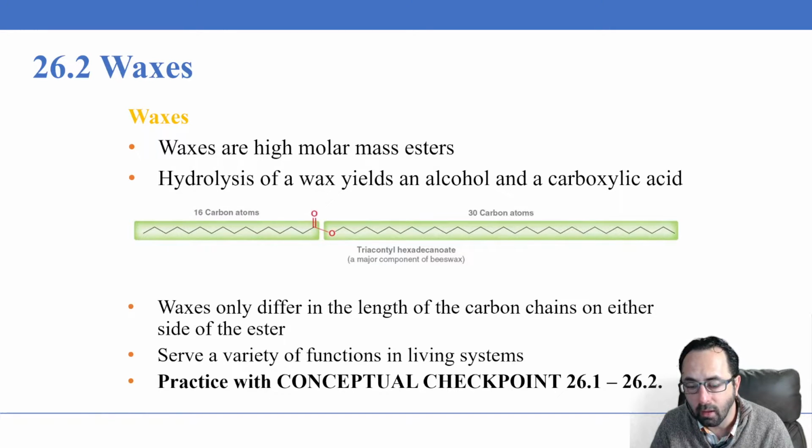These include many other functions, but often they are on animals, for example, birds often have a waxy layer on their feathers, and that's what makes the water bead up and roll off. So there's a variety of functions of waxes. They generally involve protecting the organism from water, because water does not mix with this very nonpolar waxy molecule.